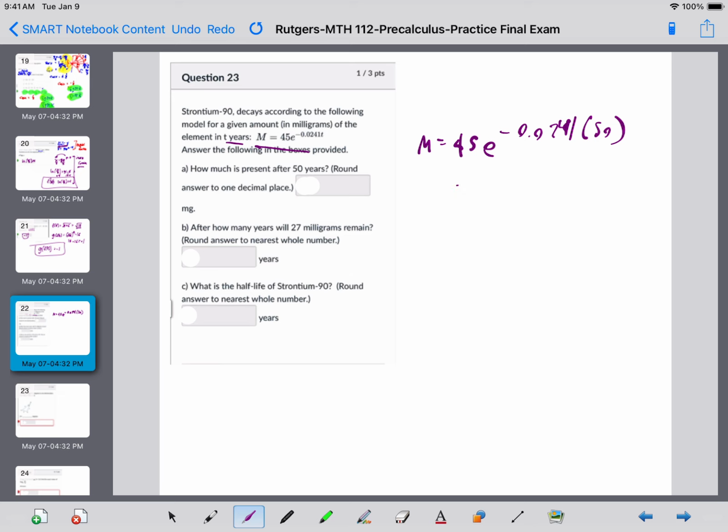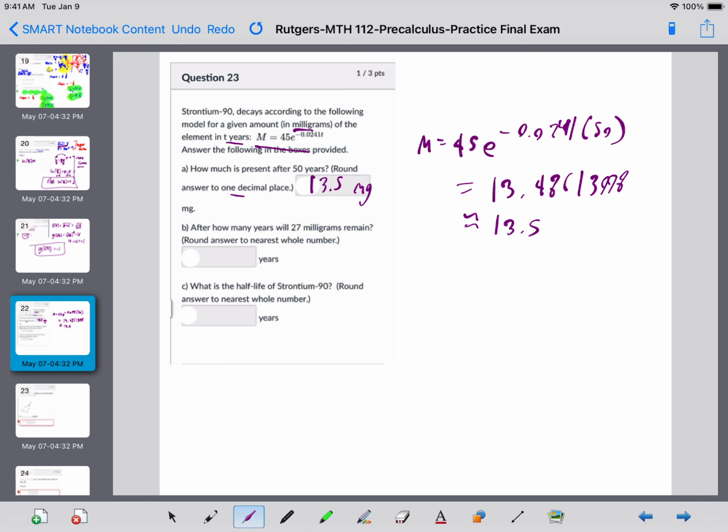I end up getting 13.486139998. Round to one decimal place, so it's approximately 13.5. If you have to give units, milligrams, so mg.